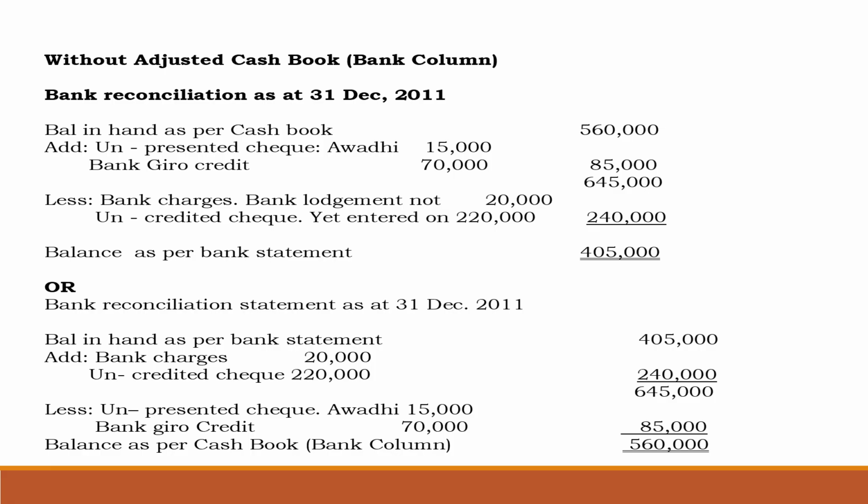But again, we have to deduct the unpresented check Awadi 15 and the direct deposit 85, so that we get the balance as per cash book, 560. So that is what can be done when there is no adjustment of the cash book.